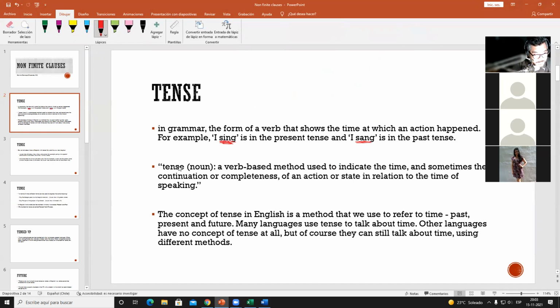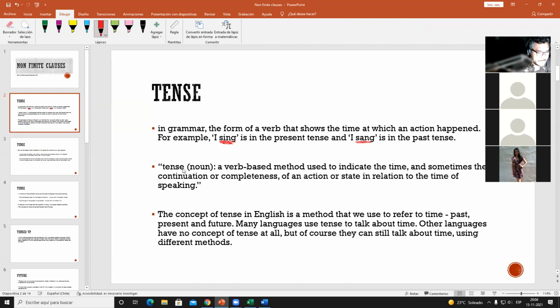Therefore, tense. This is a definition I took out of the Cambridge Online Dictionary. Tense as a noun is a verb-based method used to indicate the time and sometimes the continuation or completeness of an action or a state in relation to the time of speaking. I'm going to translate this into normal language.